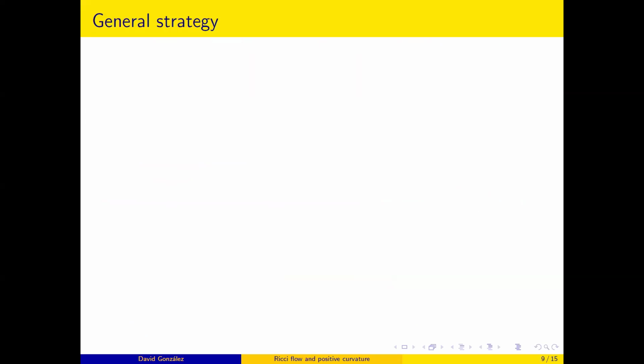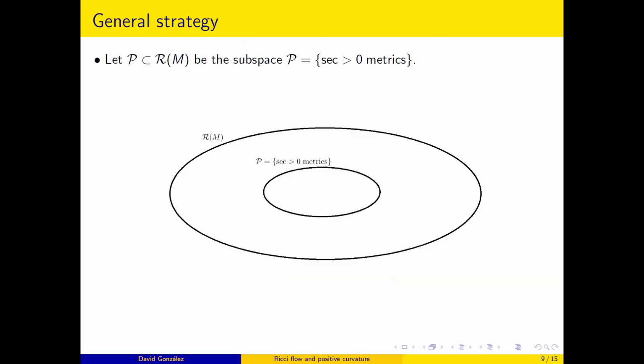Okay, so let me say something about the strategy of the proof. So the idea is that we have a manifold, we have the space of all metrics, Rm, and inside we have the space of positive curvature metrics. Again, I draw it connected, but it can be disconnected. So this is a very simple drawing that I did with paint.